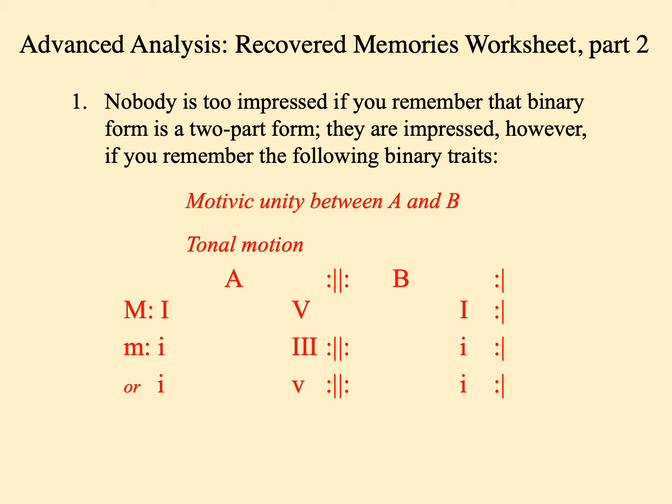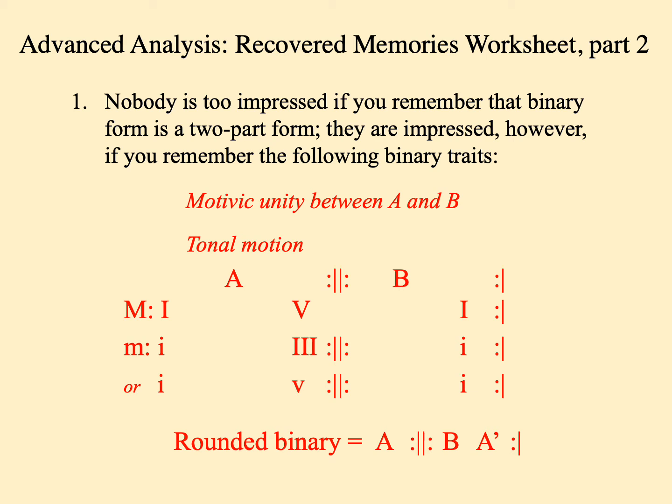It may go through a whole bunch of other keys at the beginning of section B, but it'll ultimately come back to the tonic. Minor key binary works a little bit differently. The most common thing a minor key binary form does is modulate from the tonic to the relative major in section A. So if a minor key binary piece starts out in the key of G minor, by the time it gets to the end of section A, it will have modulated to B flat major.